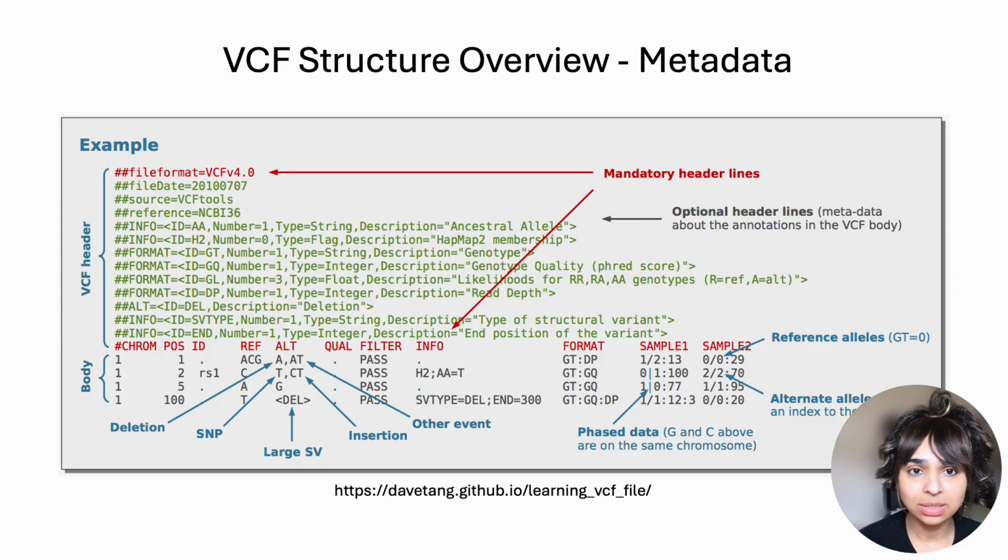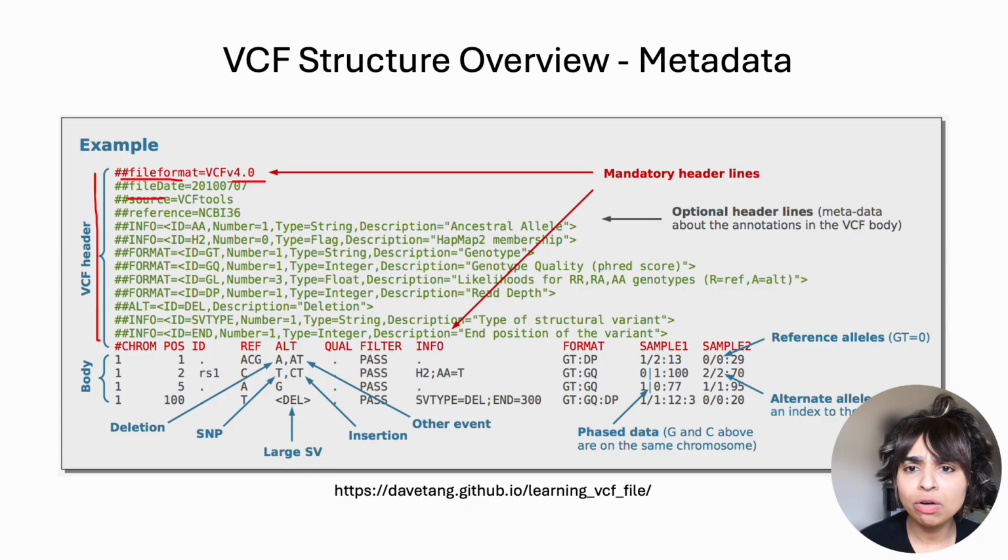The first part, as mentioned, of the VCF file is the metadata section, and every line begins with two hash symbols. So now let's read all these lines. The first one is file format. It tells us the version of the VCF specification being used. In our case, it is version 4. The next one is file date. It tells us when the file was created.